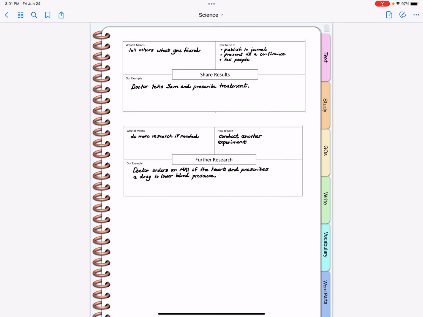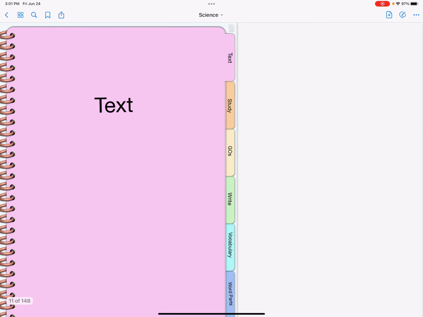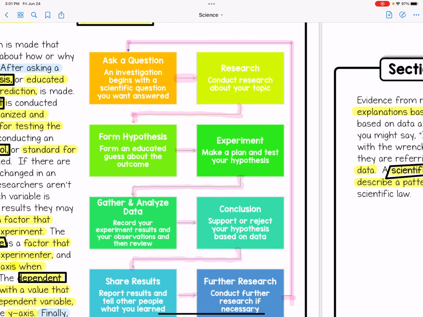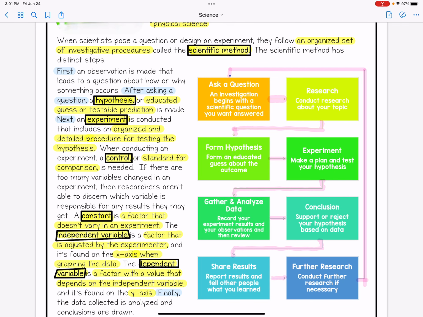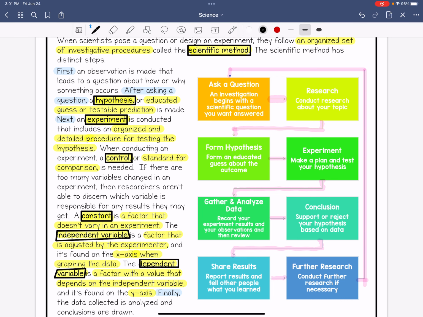Now I want to go back to your text for just a second, and I want to look at these arrows that we annotated when we did this process. This is a similar version of what we just did. So let's start here with ask a question, and let's follow these arrows to see what this diagram is saying to me.